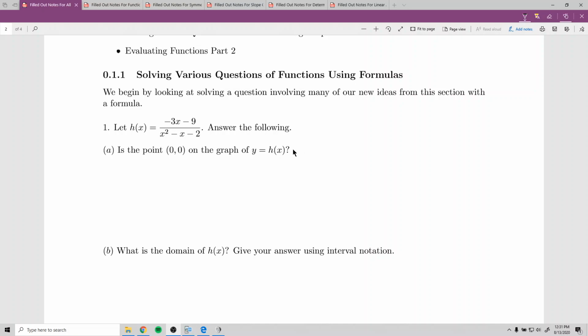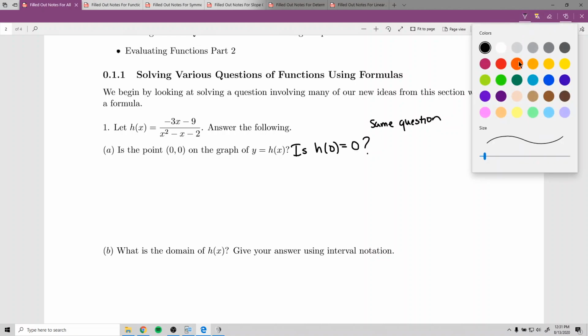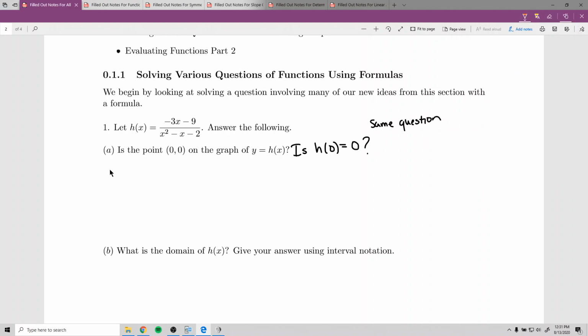Really what this is asking is h of 0, so if we plug in x equals 0, do we get out 0? It's easy enough just to check this by plugging in 0 for x. So h of 0, we plug in 0 everywhere we see x.